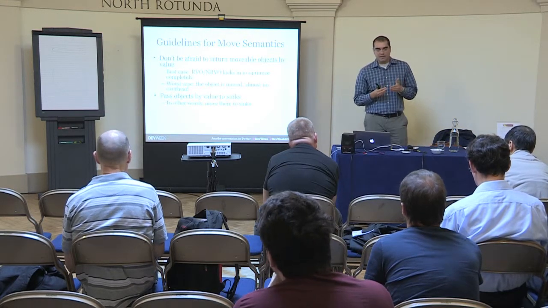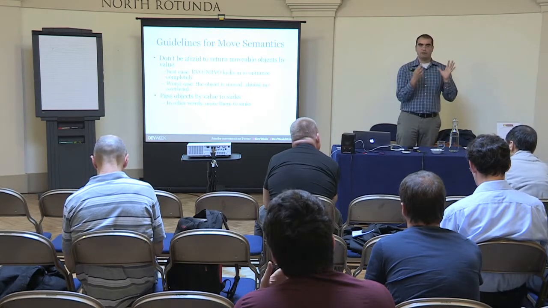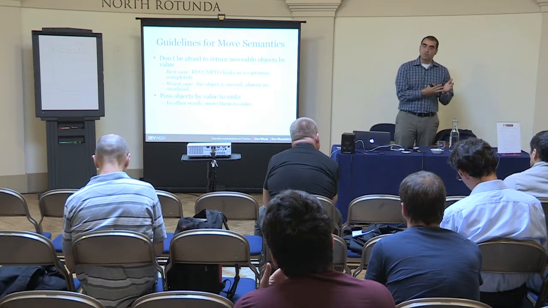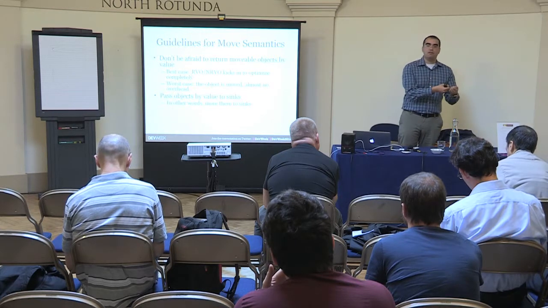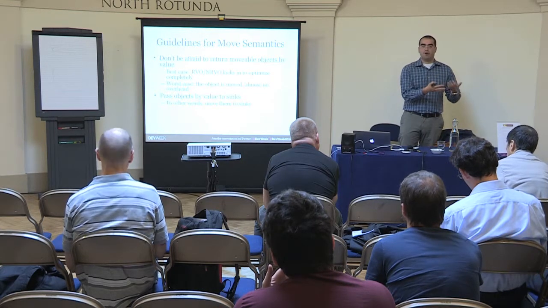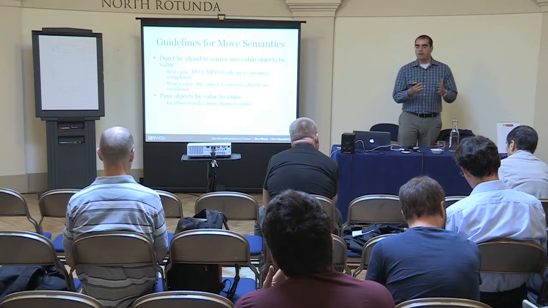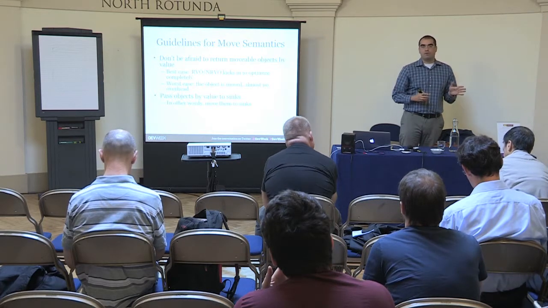So again, you can pass stuff by value to sinks, to a function that is going to store that value in its final destination, because it can use move again. It doesn't have to copy. If I pass in something by value, that's applicable for an R value constructor or for an R value move assignment operator, and I can move that parameter to its final destination without a copy.